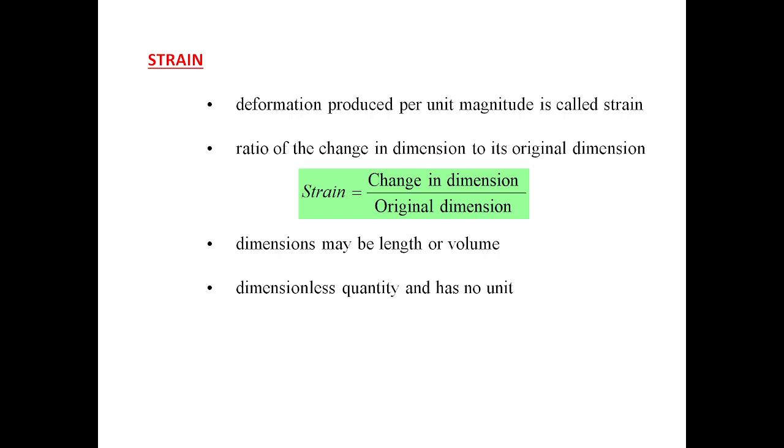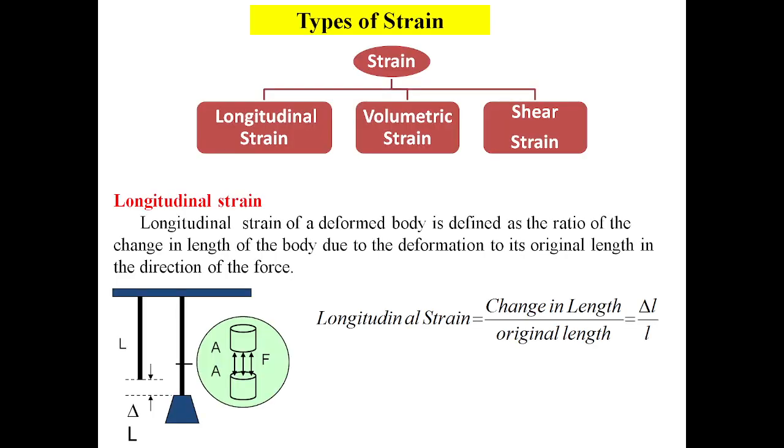The strain is defined as the change in dimension to the original dimension. Both the quantities are the same, so the strain has no unit. It may be a length or volume, whatever it may be. It is a dimensionless quantity. Then you have to explain about the types of strain.